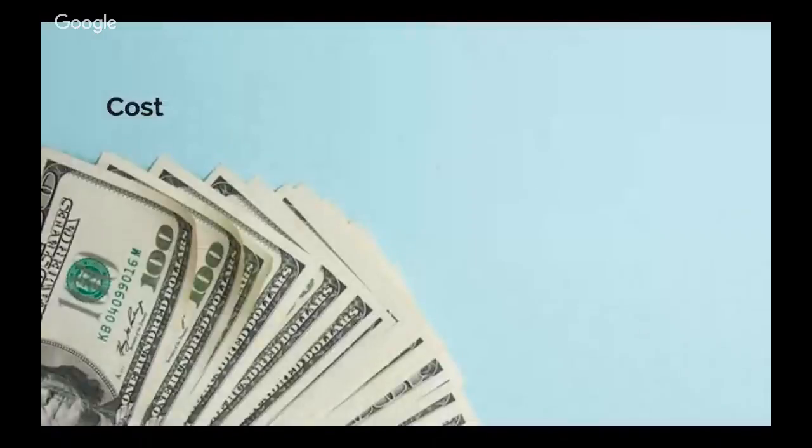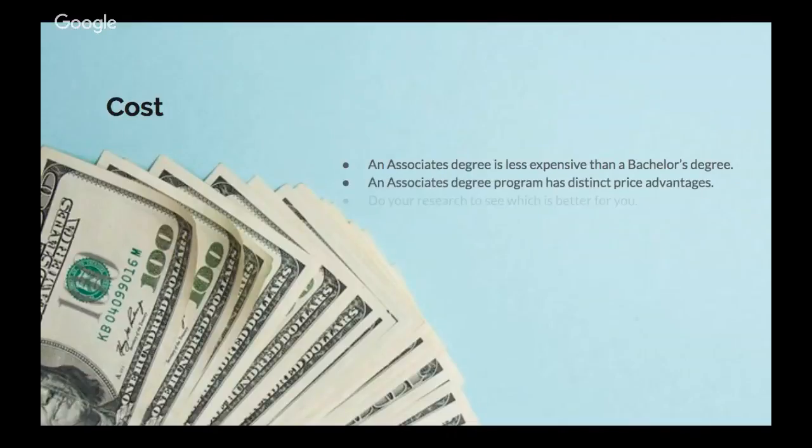Now let's take a look at the cost for this education. An associate degree education is less expensive than a bachelor's degree education. Simply, you are not spending nearly as much time in the educational process.